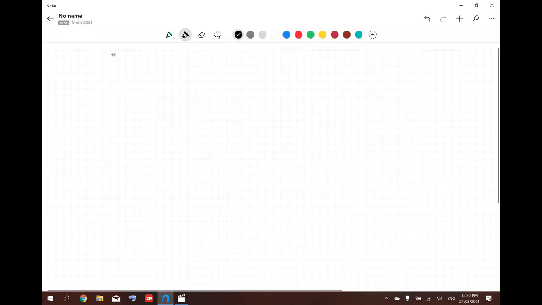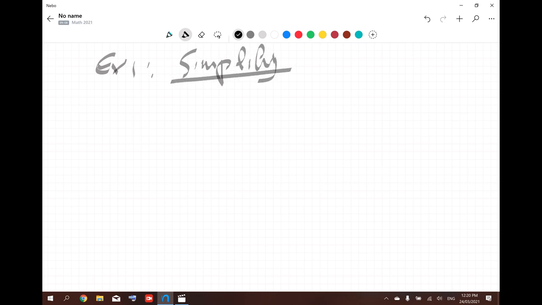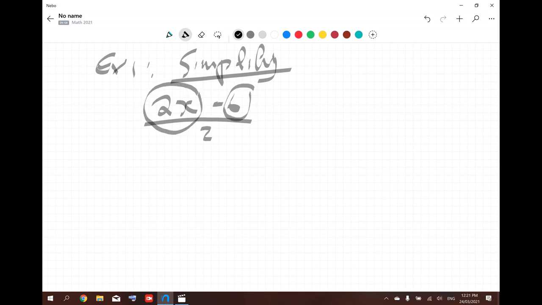So, for example, example 1, the question is to simplify 2x minus 6 on 2. Now, can I simplify 2 by 2? But remember that 2 is part of that 2x, and the 2x and 6 are subtracted. So we learned from the previous example that if the terms are added or subtracted, we cannot simplify.